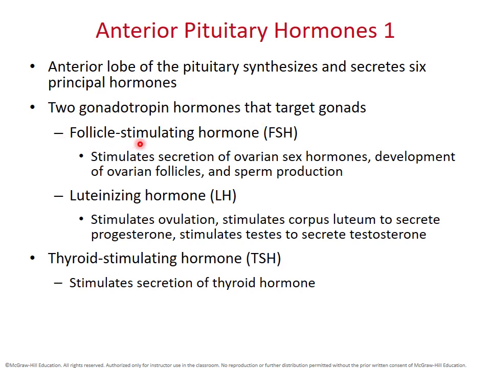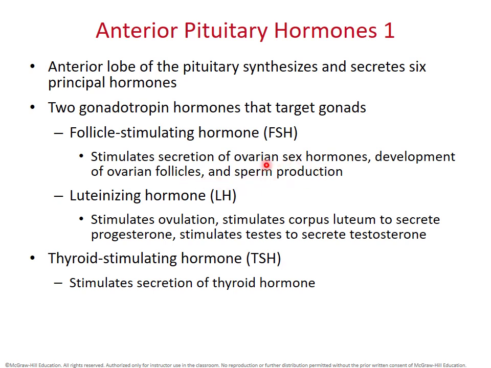Follicle-stimulating hormone tends to be a hormone that promotes the development or maturation of what are called follicles in the ovaries. As we'll learn when we do the female reproductive system, the ovaries are full of what we call primordial follicles that have to be stimulated to develop into mature follicles, which then release the ovum, the egg cell. And so follicle-stimulating hormone stimulates the development of these follicles and the development of the egg inside.